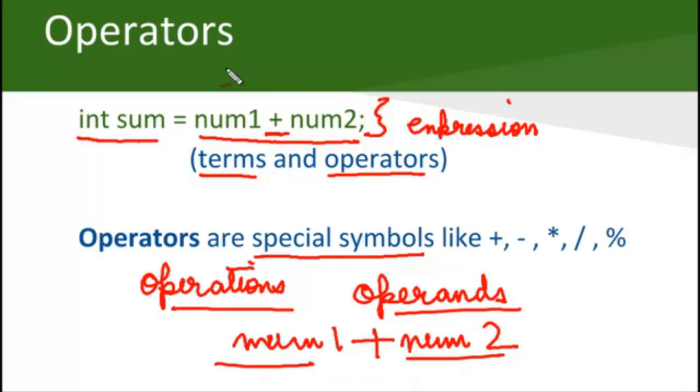On the whole this becomes an expression of two terms and one operator, and the final sum is stored in the variable sum. So operators are special symbols that perform operations. Operators like plus, minus, multiplication, division, and the percentage operator, which is called the remainder operator, we'll have a look at it later, perform mathematical or arithmetic operations.